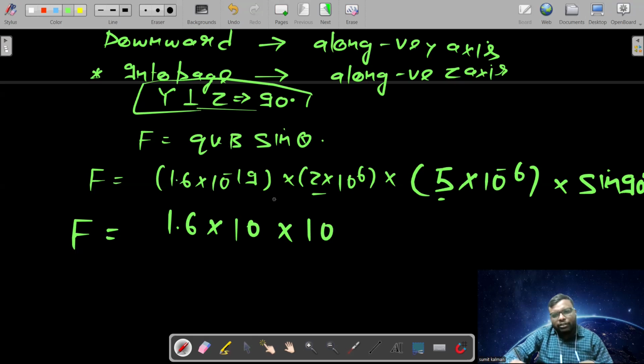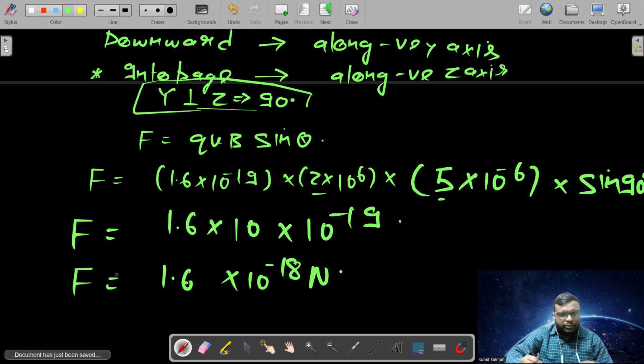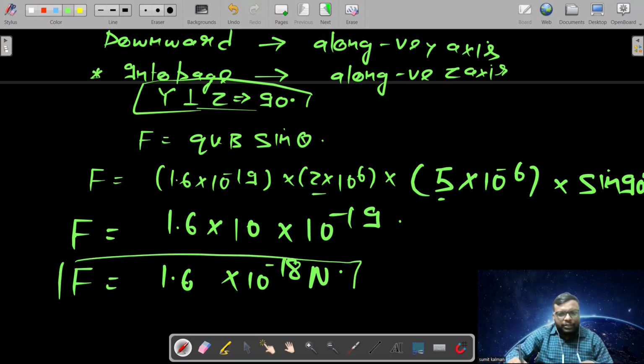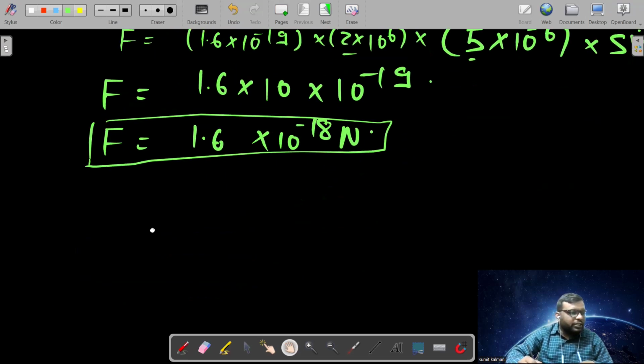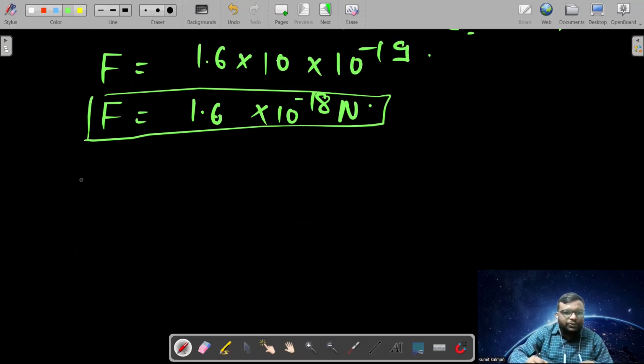It will become 10 to the power minus 19 plus 6, 10 to the power minus 13, so it becomes 1.6 into 10 to the power minus 18 Newton. So we have got the magnitude of force, and it is coming out to be 1.6 into 10 power minus 18 Newton. This is magnetic force. Now, students, we will see the direction of this force.